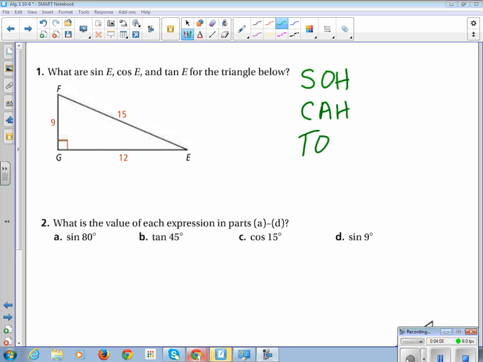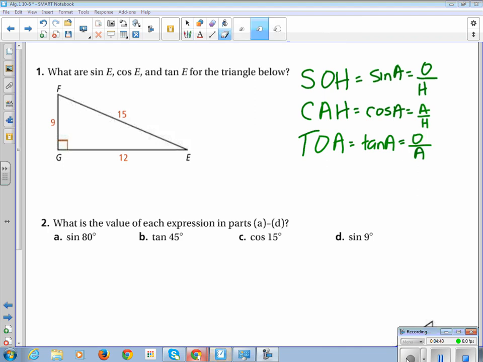Soka-toa, Soka-toa, Soka-toa. And the Soka-toa chant is actually to help us remember that sine is equal to opposite over hypotenuse. There's your so. Ka is adjacent over hypotenuse. There's your ka. And then toa is for you to remember tan is opposite over adjacent.